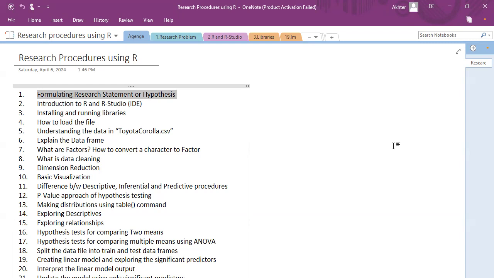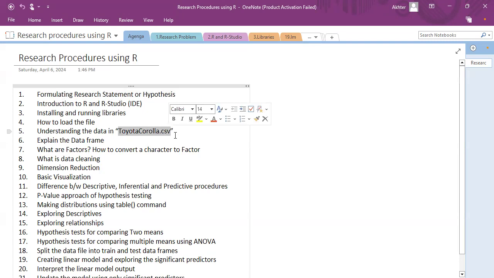I have already shared a few things with you. One file is the Toyota Corolla file, which is a CSV file, comma separated values. Another thing which I have shared with you is code, which I will run on my computer, and I will explain a few of the contents of the code. I kept the code as simple as possible so that you are not too worried about learning the code.